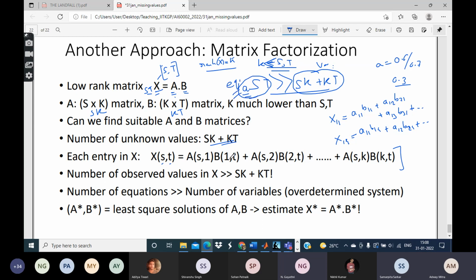So basically you will get an overdetermined system of linear equations.